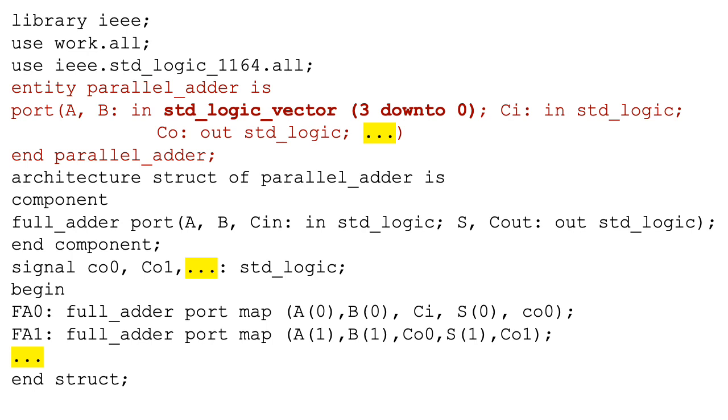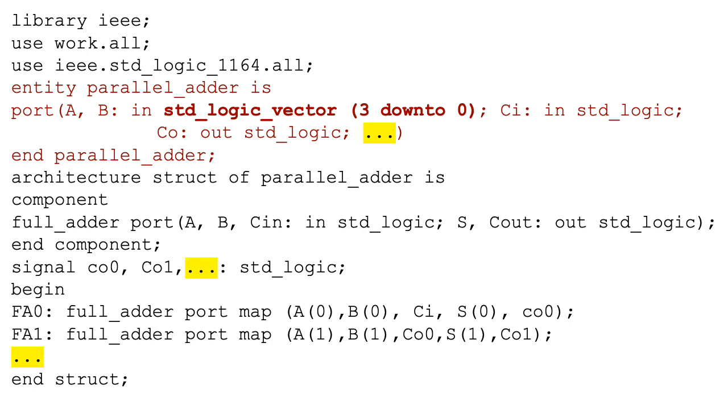Remember, down to is one word, and then 0. You always start with the highest number, so you can count from 3 to 0. You'll have 3, 2, 1, 0, which will give you a total of 4 bits. So the most significant bit index is 3. The least significant bit index is 0.